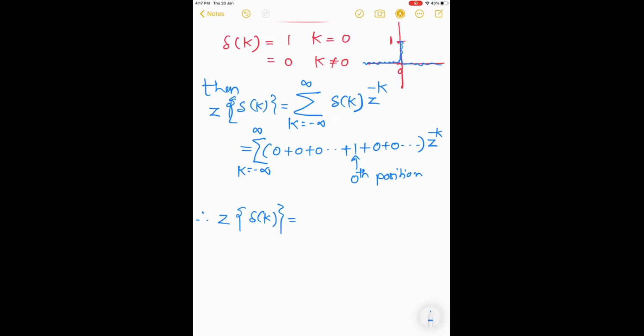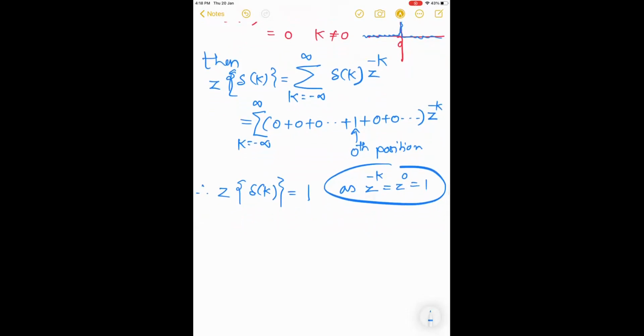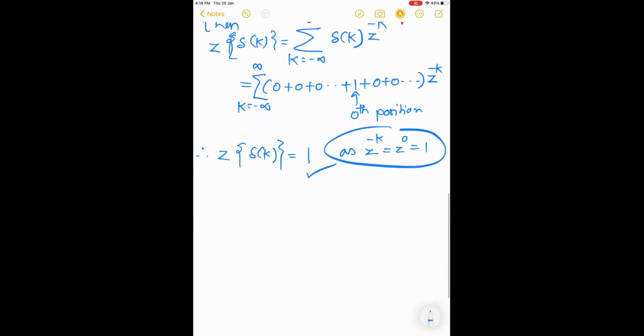So the final answer is just 1. Correct? As z raised to minus k is z raised to 0, which is 1 here. Only because of that we get the answer 1. So you can remember this as a standard result: the z transform of the unit impulse function is always 1.